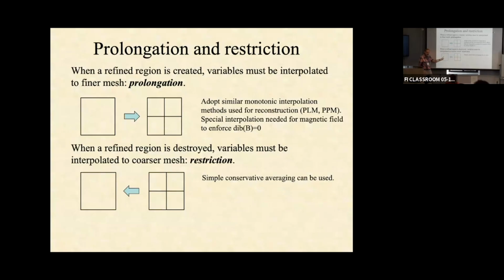So that means the temperature and pressure in this cell can be different than the average of the pressure in these 4 cells here. That's an unavoidable consequence of conservative averaging, and can be a real problem if you're doing radiative transfer and you have opacities that depend on temperature, and then it's going to be different on the coarse versus fine mesh. What are you going to do? You sometimes have to interpolate derived variables, or prolongate or restrict them. At least you have to be aware of this issue and think about what you're doing, because sometimes it can make a difference.